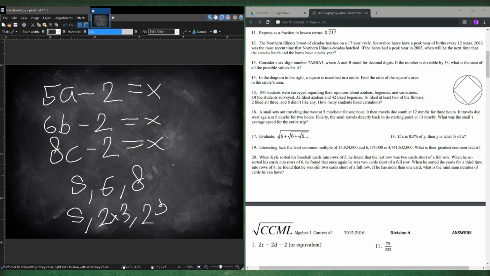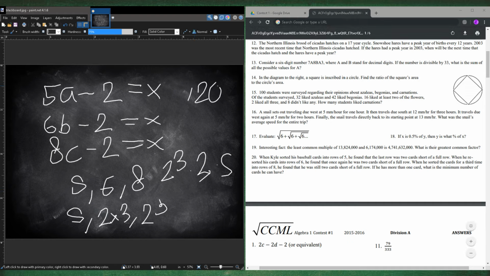So we need 2 to the third times 3 times 5. That's 8 times 3 times 5, which is 120. So our value is 120.